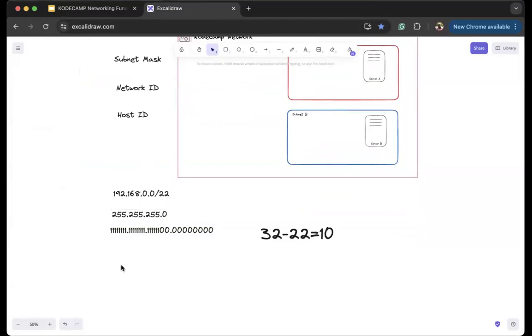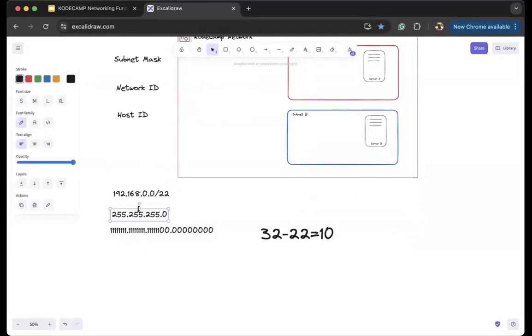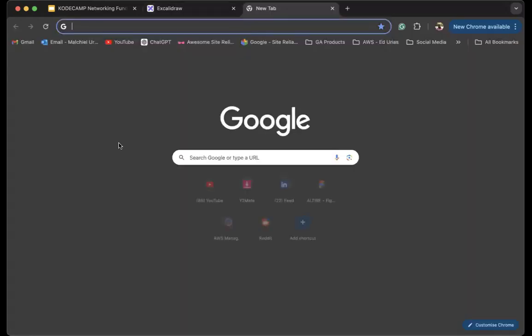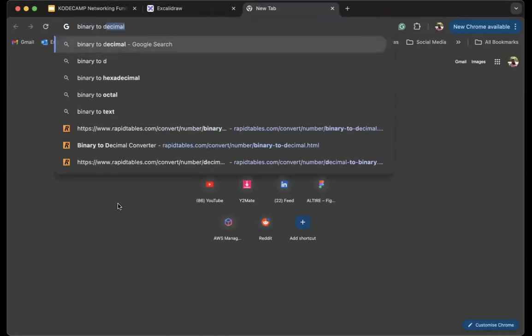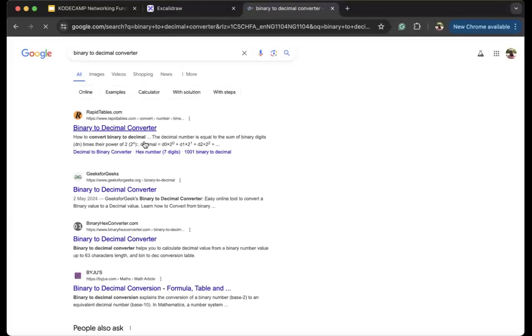Now, you can have a mask of 255.255 dot what? Try this. Okay. If I convert 255 to decimals, okay, let's use... Or you want us to solve it manually?